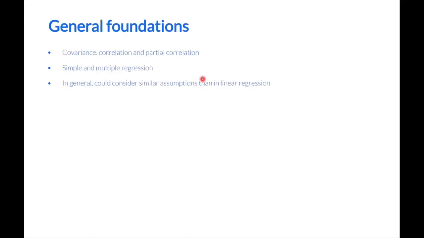The general foundations are based on typical statistical basics: covariance, correlation, partial correlation. Most of the elements that we can observe in structural equation modeling tools are based on this idea.